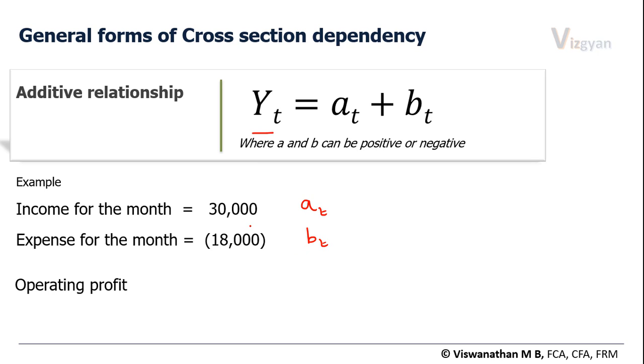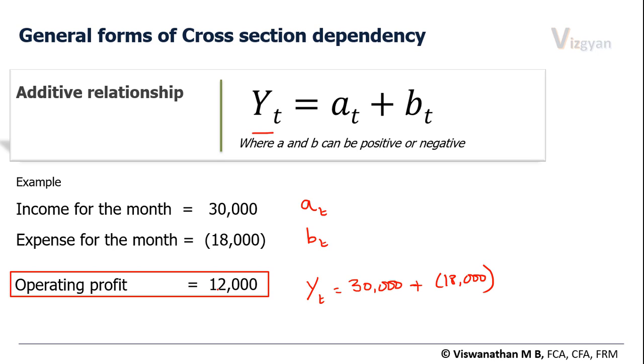Now expense is a negative number, so I'm putting it in brackets. Typically in finance, anything within brackets indicates it's negative. So my profit, which is YT, is going to be equal to 30,000 minus 18,000, or otherwise I should write plus of minus 18,000, which is equal to 12,000. And that's what we call operating profit.